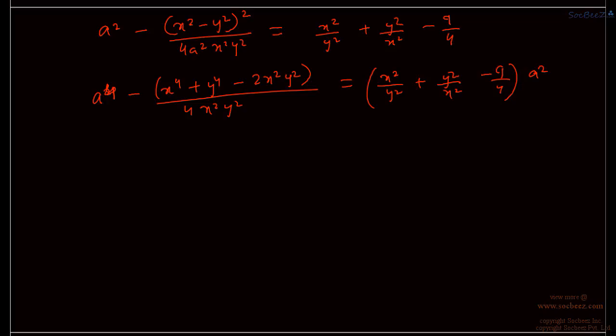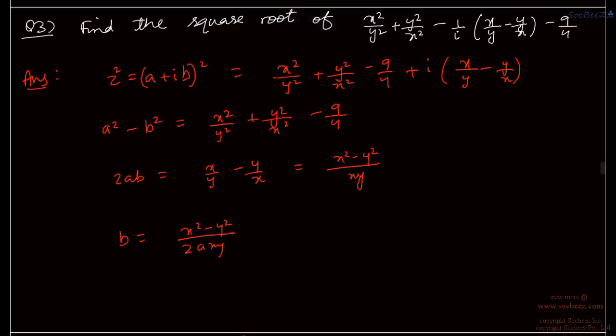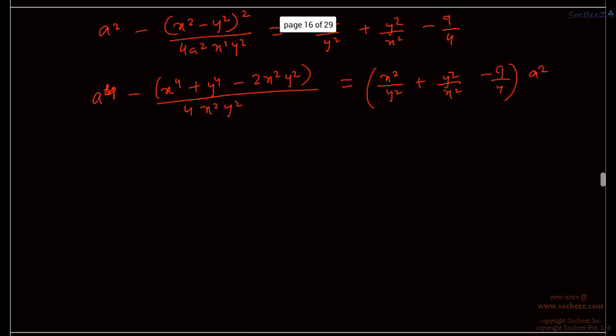Right? So we have arrived at a quadratic equation in a squared, solving which we will get the values of a squared. Now, taking the square root, you will find a, and once you find a, you can just substitute b using this formula, and hence you can find out the square root of the number, because the square root is just a plus ib. Right?